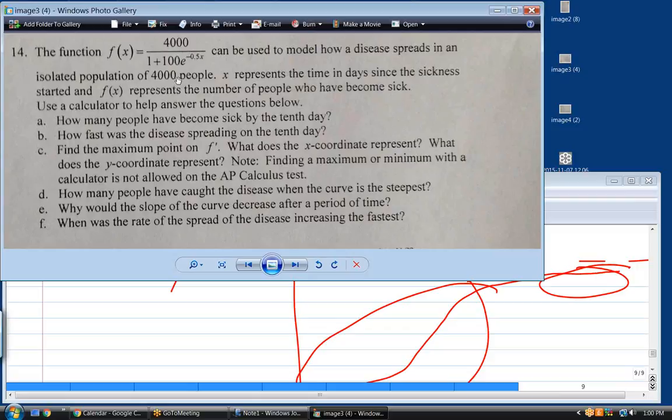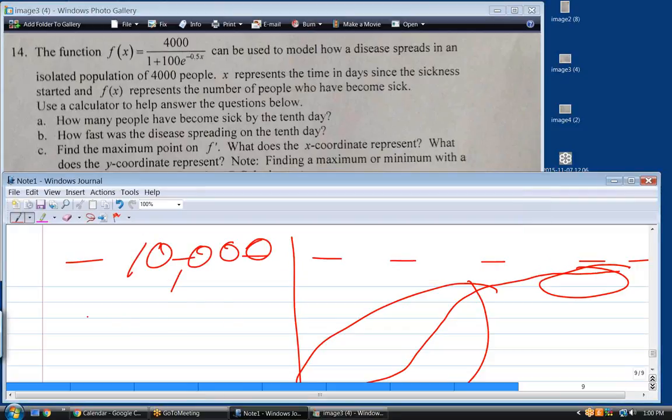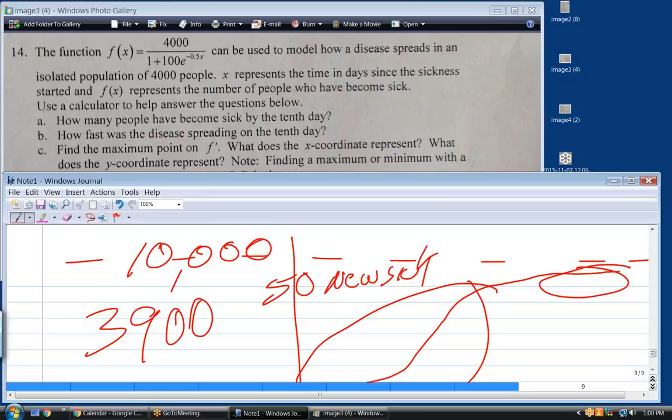The number of people that have gotten sick, in other words, if I have 3,900 people who have gotten sick, and 50 new sick people per day, well, I'm going to run out of people real fast. In 2 more days, all 4,000 will have gotten sick, and I won't be able to have any new sick people anymore.